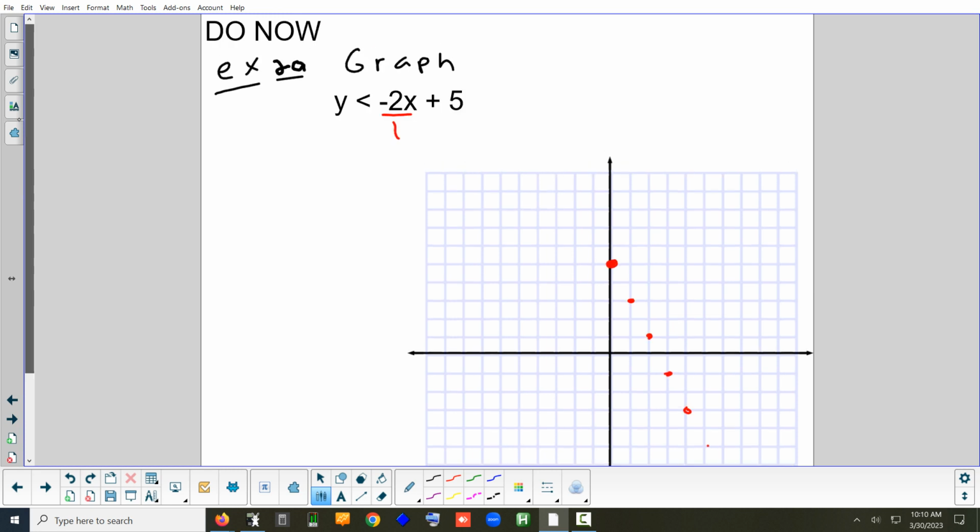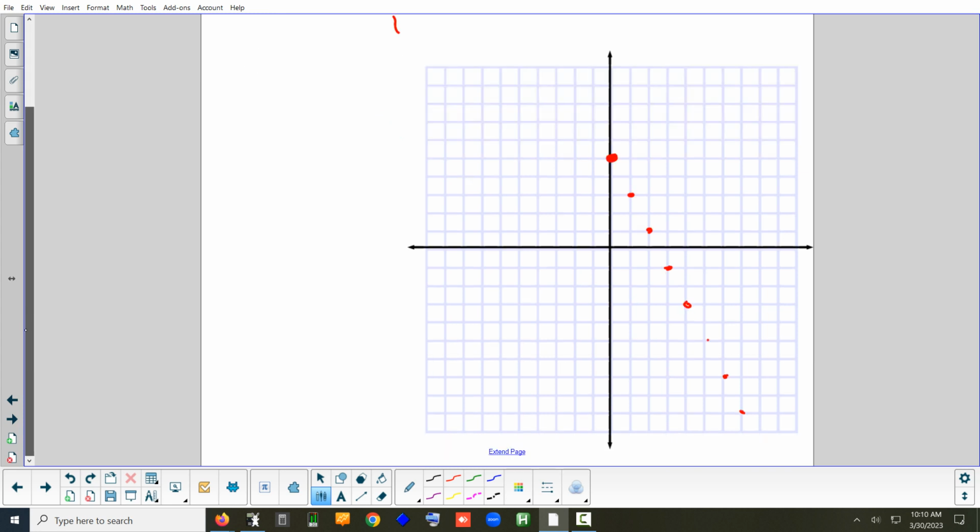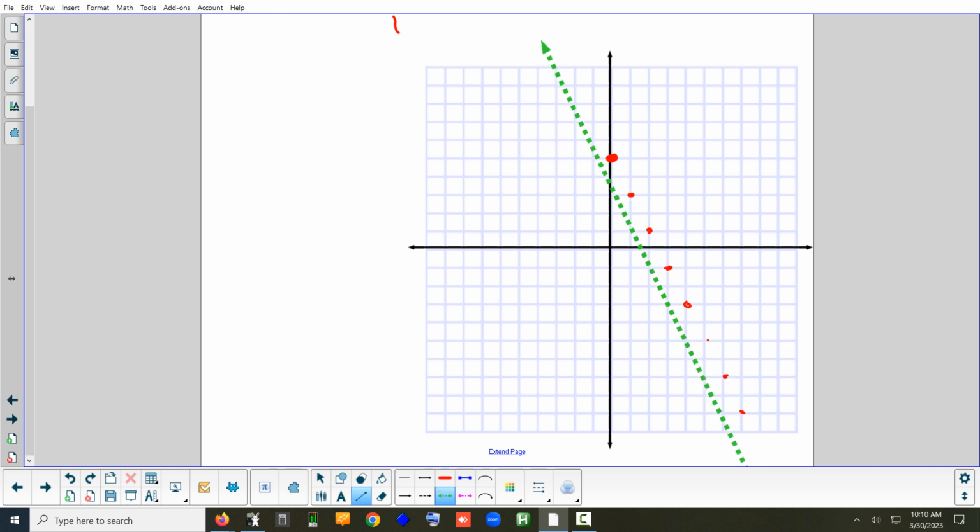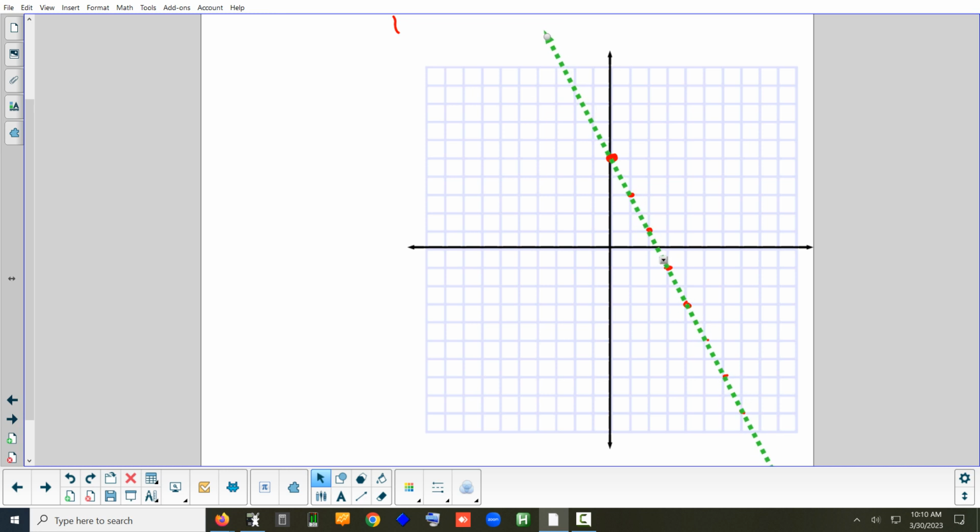Right, this one's going to be dotted because it does not have that symbol. If it had it like that, this would be solid. Like that, it's going to be dotted. Okay, so I need a dotted line. Let's see, a little bit off. That'll be good. Good enough. Okay, so there's my line.